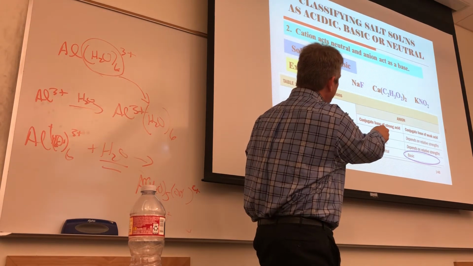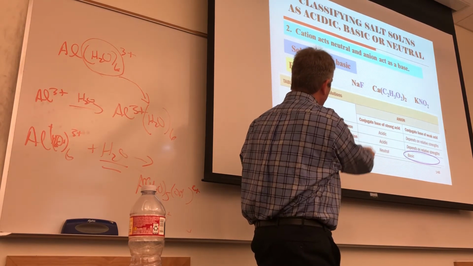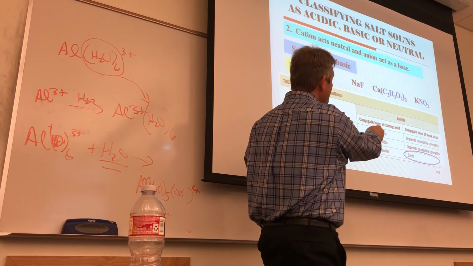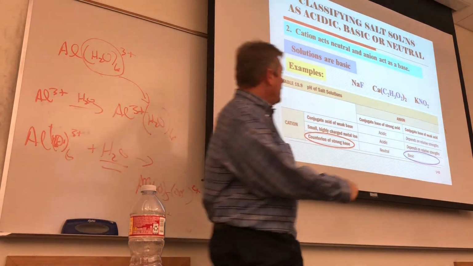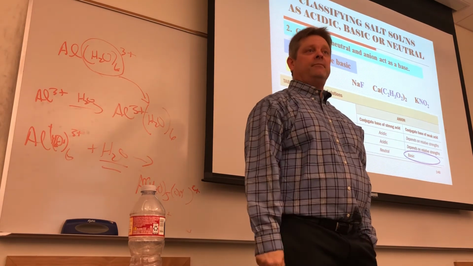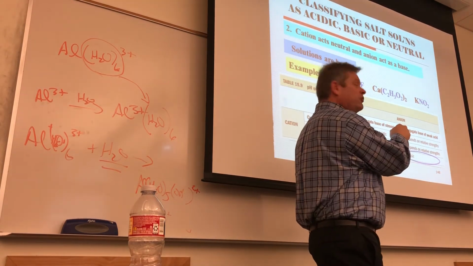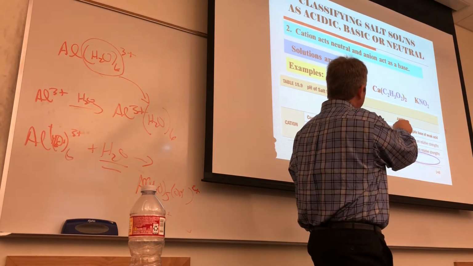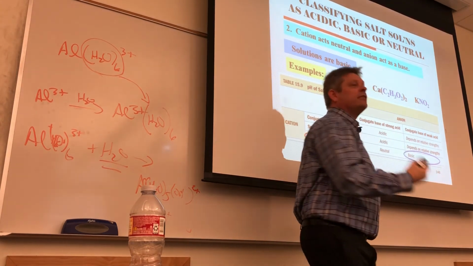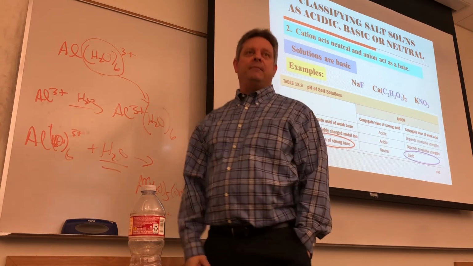This is coming off of a weak acid, this is coming off of a strong base. That means that when I put this one into this equation with H2O, I'm gonna get hydroxide. When I mix this one with H2O, I'm gonna get nothing. So if I get nothing here, I'm not worried about it. If I get a base off this, I'm gonna get a basic solution, and that's all I'm saying.